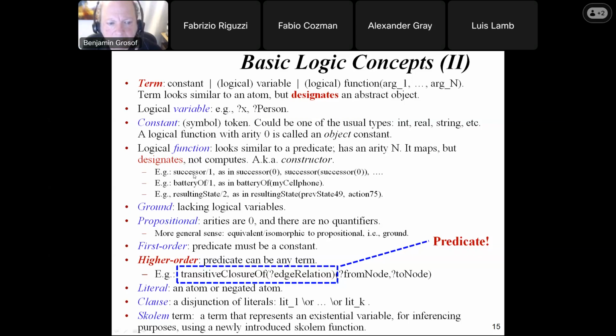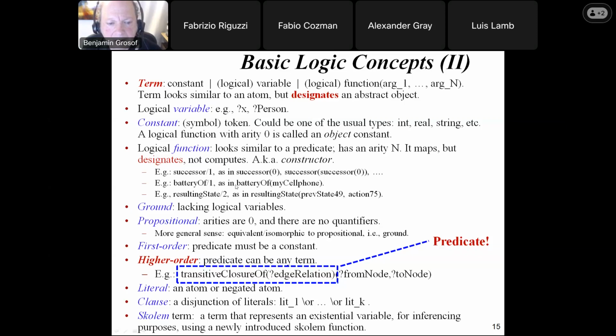So for example, the logical function successor with arity 1, we could say that there is an element or object constant 0, and there's a term successor of 0, referring to, say, the next number in a number line, and then successor of successor of 0, and so on.